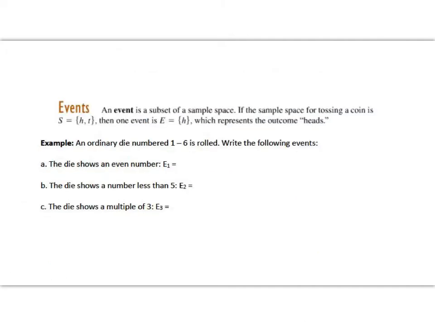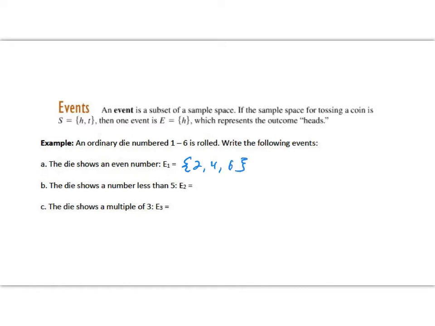Okay, now an event is a subset of a sample space. So if the sample space for tossing a coin is heads or tails, then one event is just the heads, and another could be just tails. So if you've got an ordinary 6-sided die numbered 1 through 6, the events involving an even number would be 2, 4, or 6.